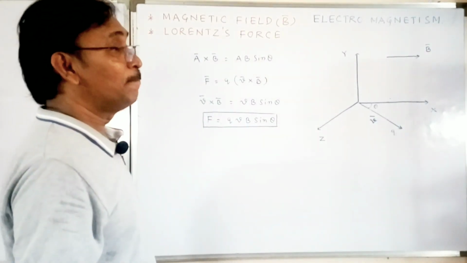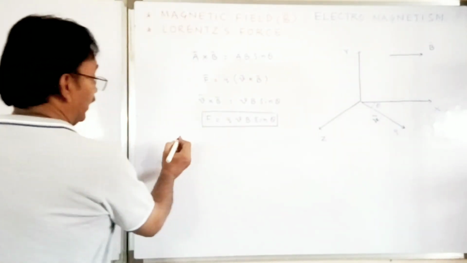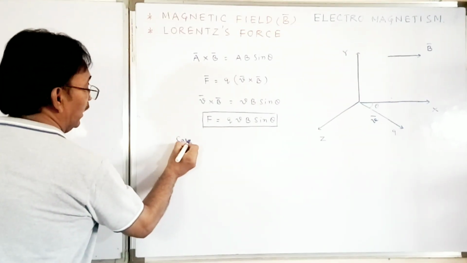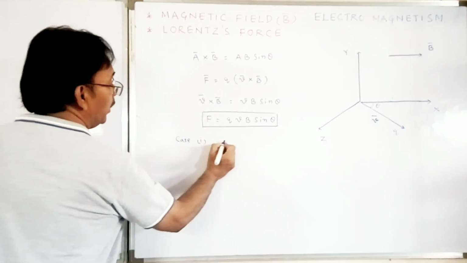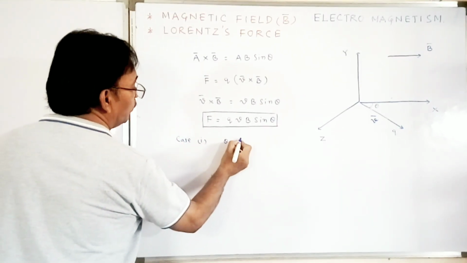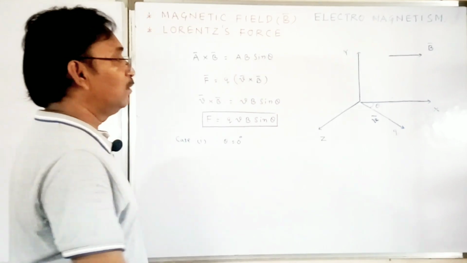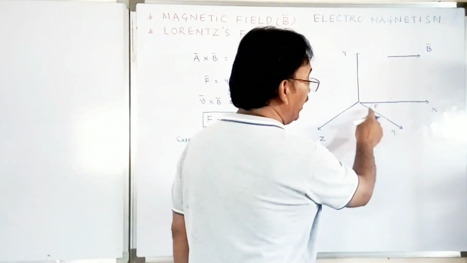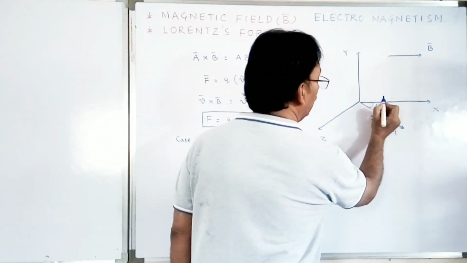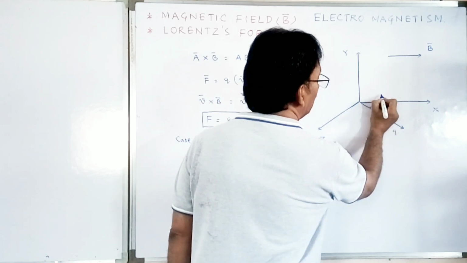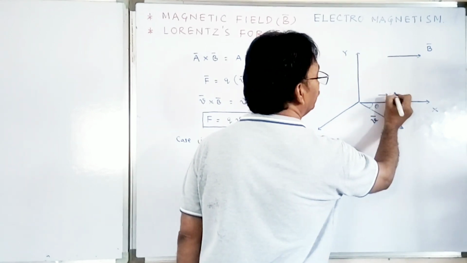Now watch this. We are going with the situation, case 1. In case 1, I am taking theta equal to 0. That means, instead of making an angle of theta with B, this charged particle is moving in this direction.